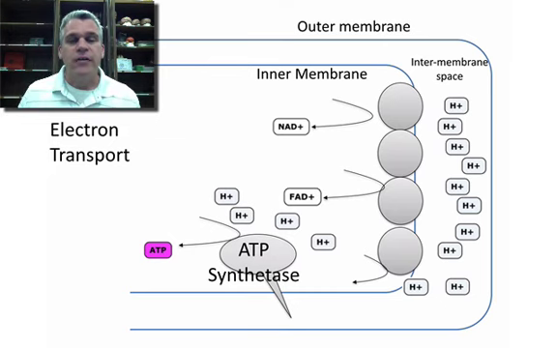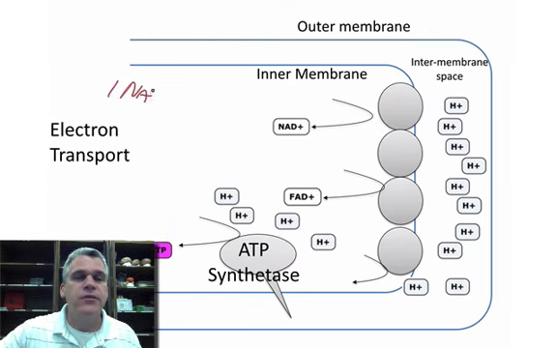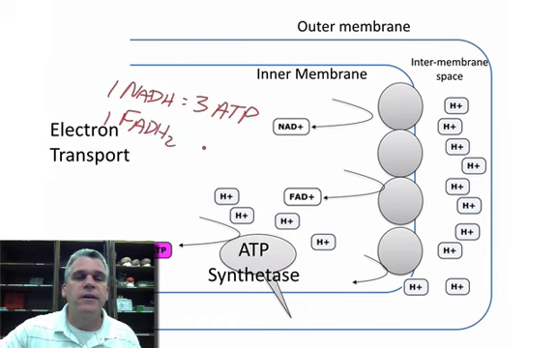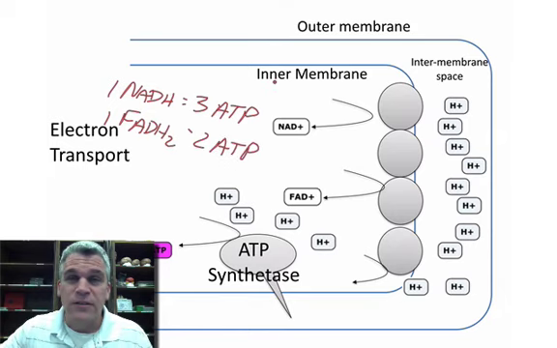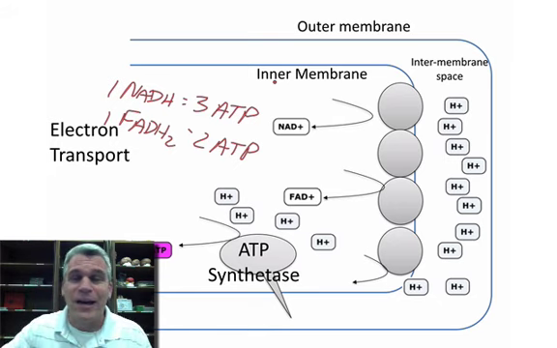Now, how much energy are we really getting? For every 1 NADH, we get enough energy to make 3 ATPs. For every 1 FADH2, we get enough energy to make 2 ATPs. Now, without getting into real specifics here, the 2 NADHs that were made in glycolysis are out in the cytoplasm, outside the mitochondria.